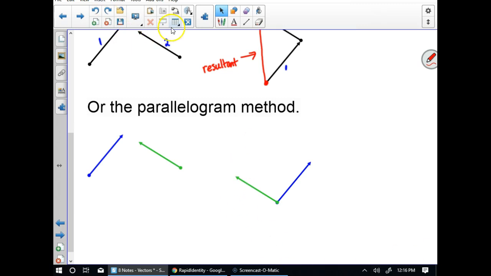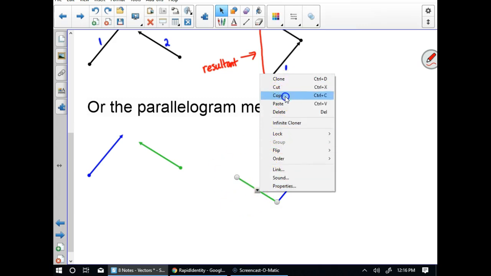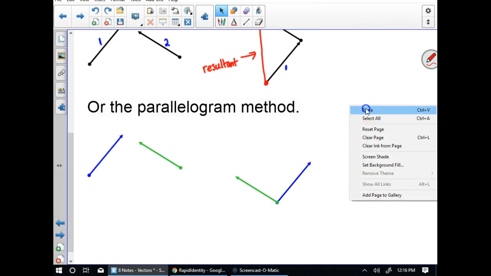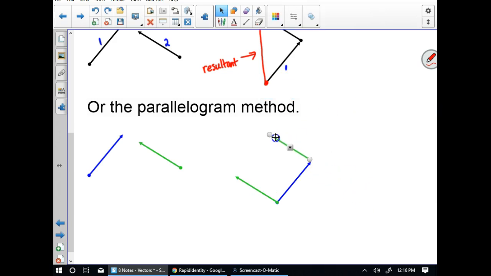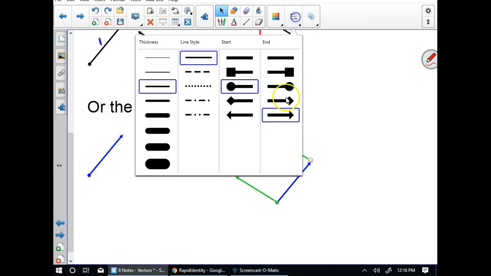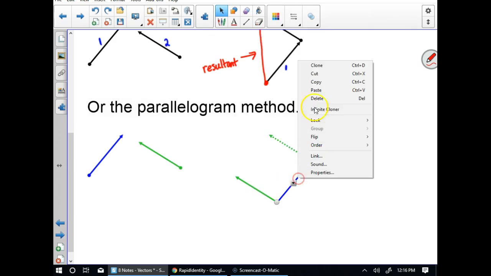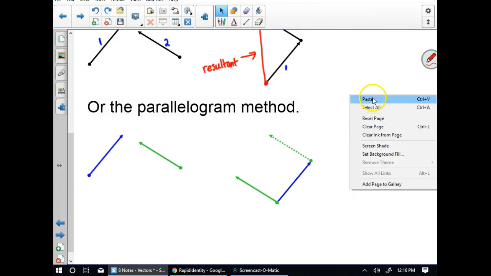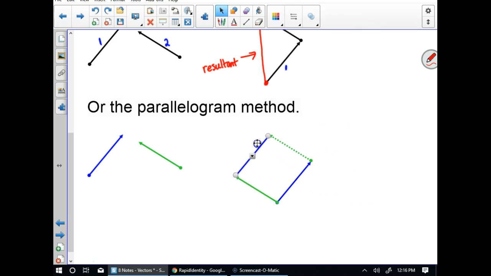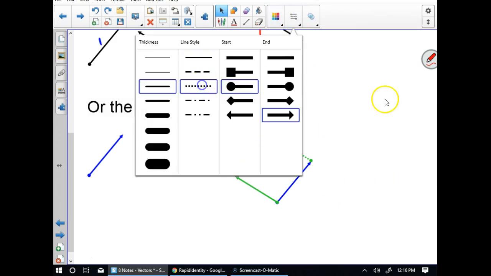And then, when you do that, you're going to take these two pieces and you're going to make a parallelogram. So it makes this side, let me make this a dotted line. And this side would look like this.